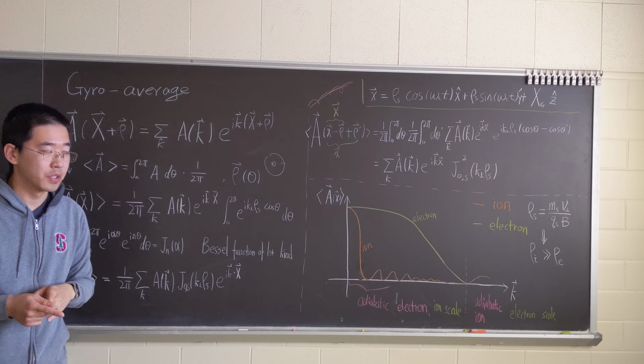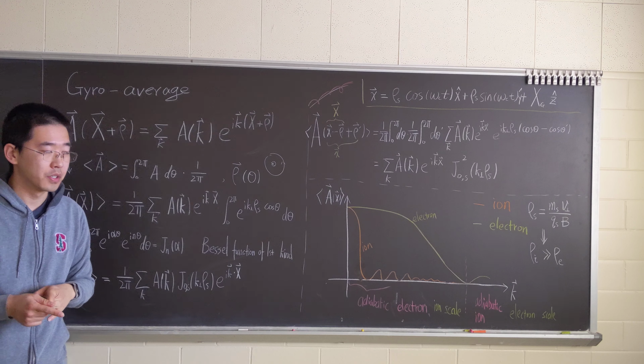For a similar idea, we could potentially have an average in real space. Pretty much we did this with small x, by the way. So x minus rho, then they become the guiding center space, and then plus rho prime, and then back to the real space.